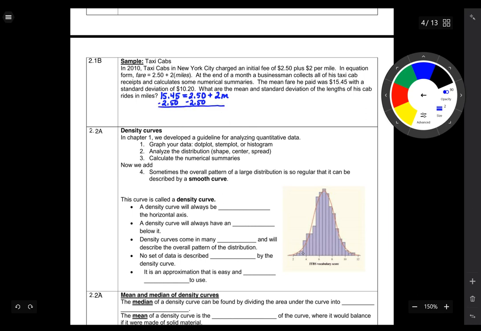And we have 1295 equals 2m. Divide by 2. M equals 6.475. So the mean is 6.475 miles.